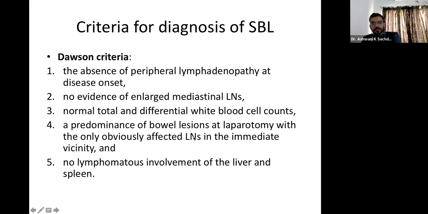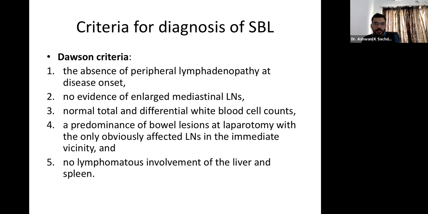Predominance of bowel lesions at laparotomy, and the only obviously affected lymph nodes are in the immediate vicinity, and there is no lymphomatous involvement of the liver or spleen. So there are no other lymph nodes anywhere else in the body.